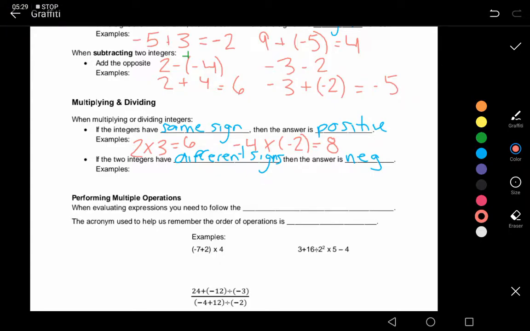Right, so for example, if we had 12 divided by -3, okay, the signs are different, so our answer has to be negative. Okay, same thing, if we had, I don't know, 4 times -6, our answer is going to be -24.